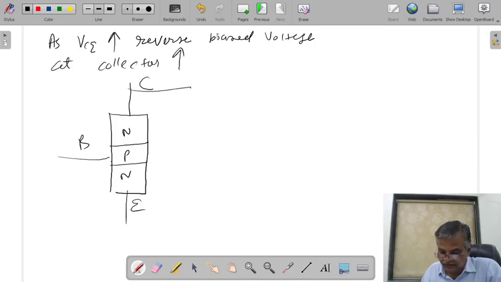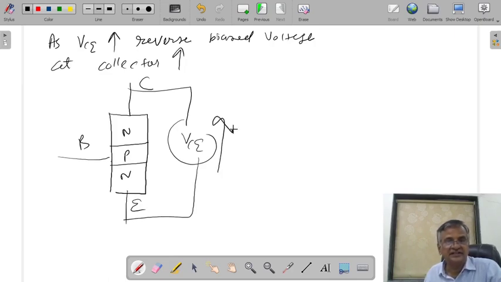This voltage is VCE. As this voltage increases, then the reverse bias voltage at this point increases. So the depletion layer increases. You know that the width of the depletion layer depends upon VCE, means reverse bias voltage.